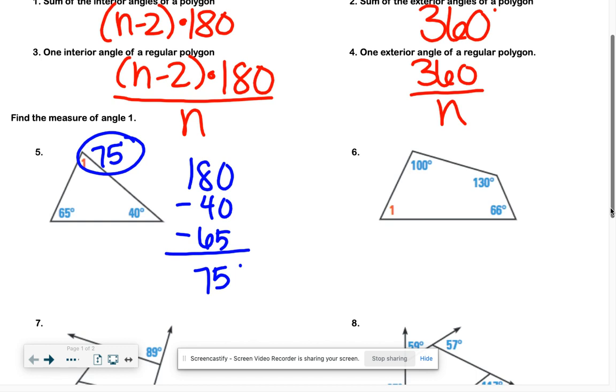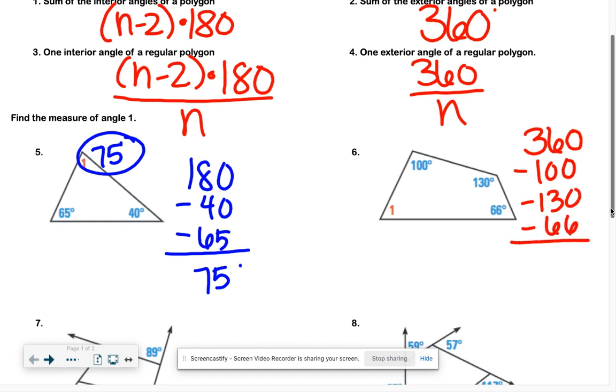What about a quadrilateral? What do those have to add to? 360. So we can subtract away. Tell me what you get. 64.